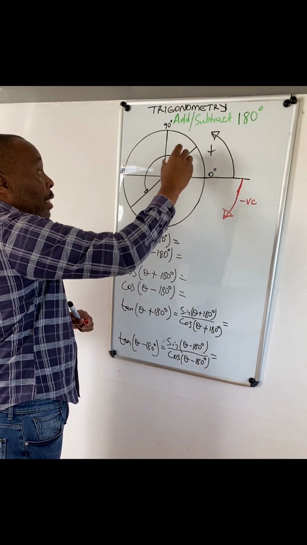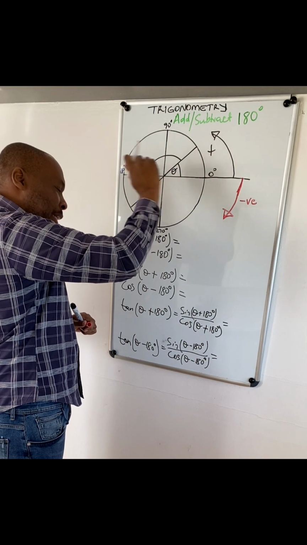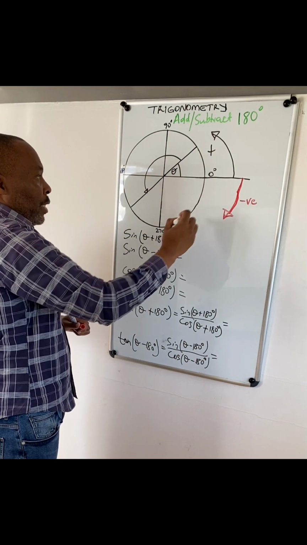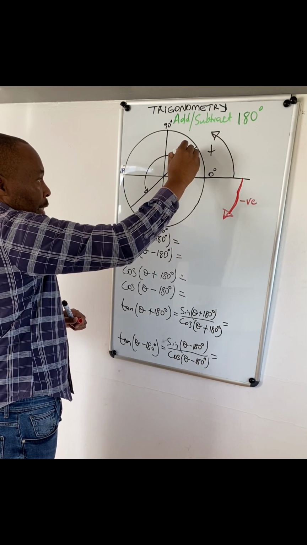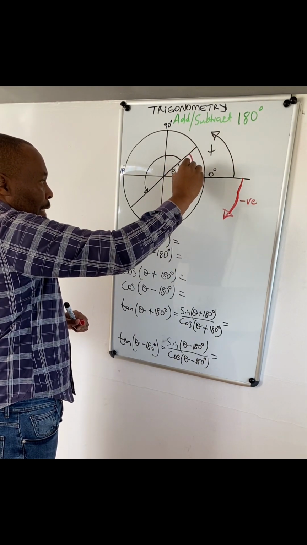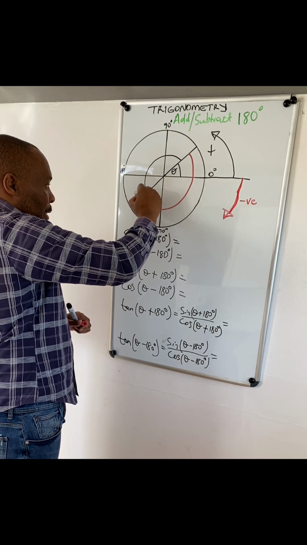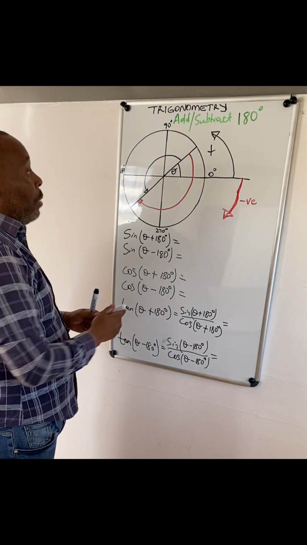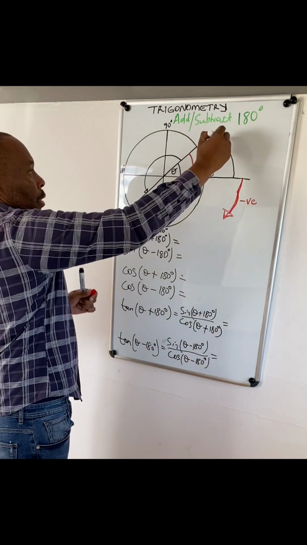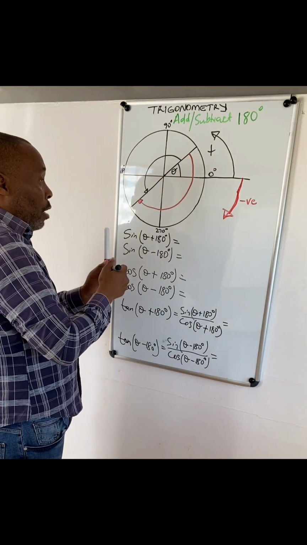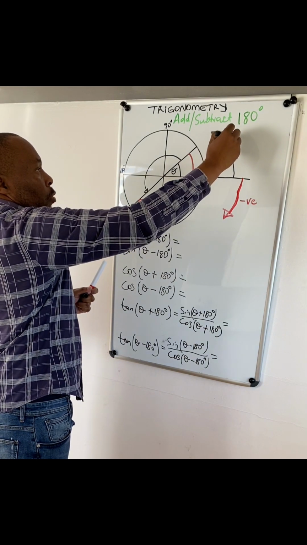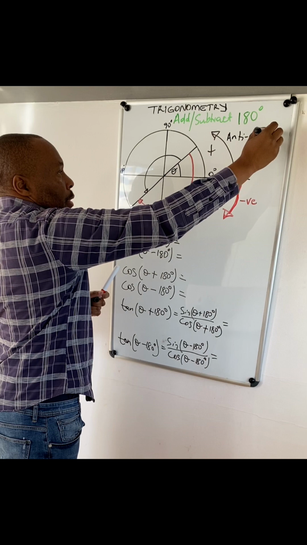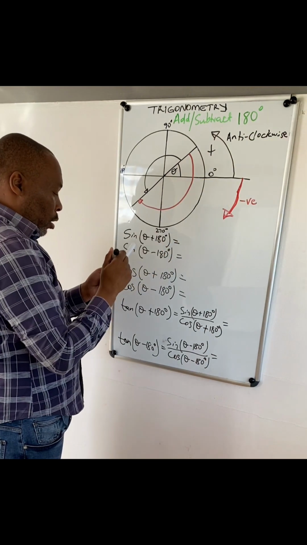Same thing when I'm subtracting 180 from the angle. I don't know why I keep saying 360, why I love 360. I'm moving from this angle only 180 degrees clockwise. When I'm adding, I'm going anti-clockwise, against the clock.